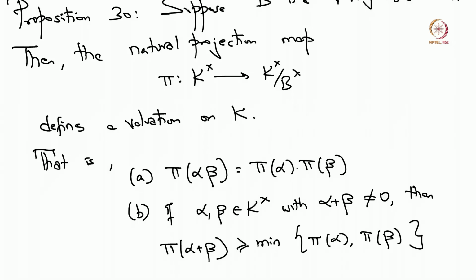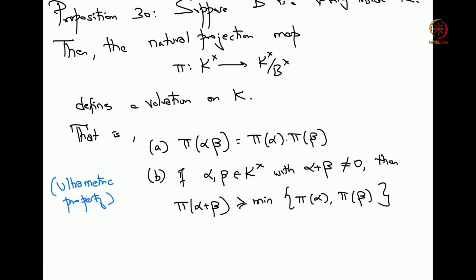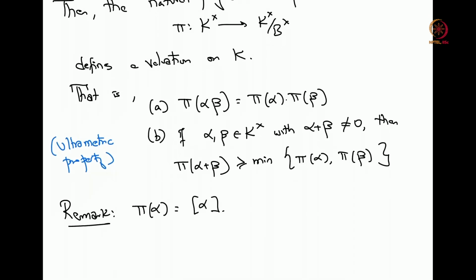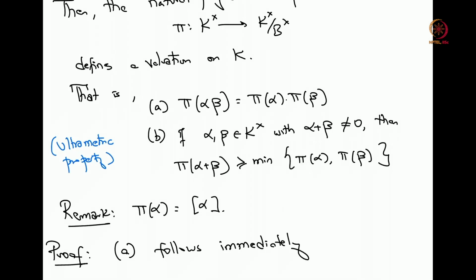Okay. The second property is what we called the ultrametric property. And I've used this fancy symbol pi, but just remark from the previous definition, pi of alpha is also what I denoted square brackets alpha. Okay. So now the proof of this proposition. The first property follows immediately because pi is just a natural projection map. So it's this natural map given by quotient of abelian groups.